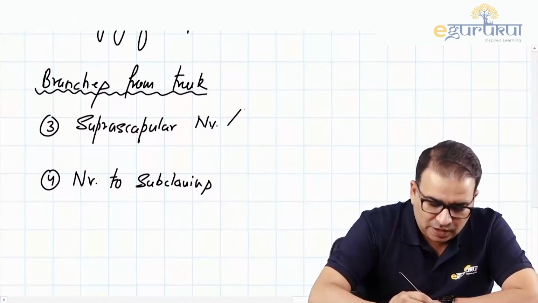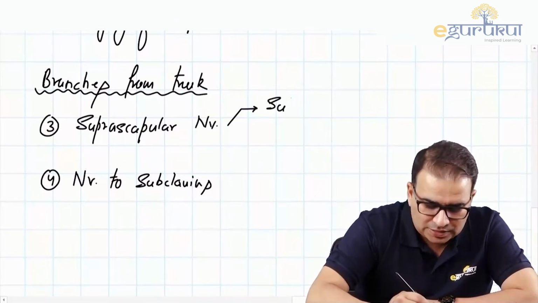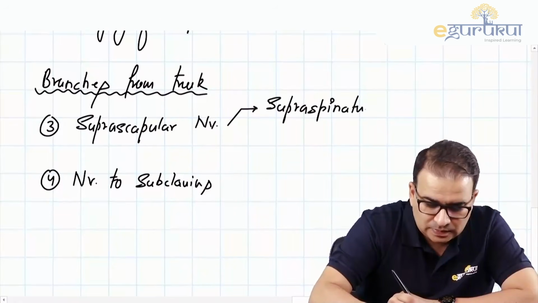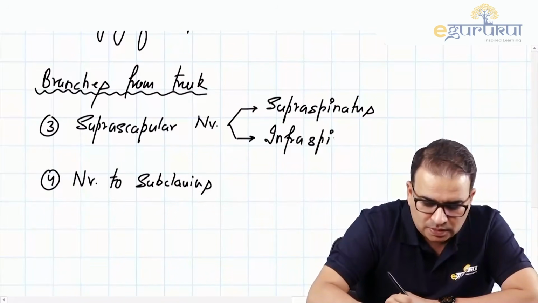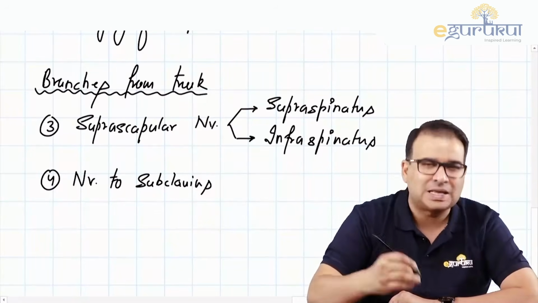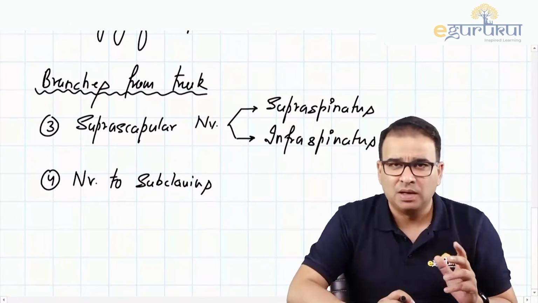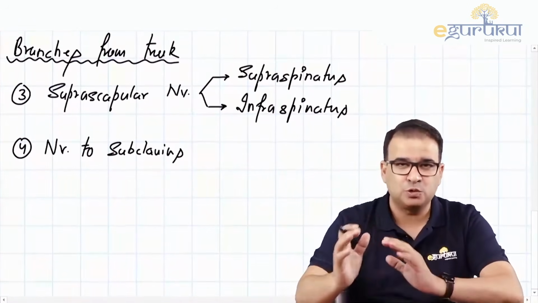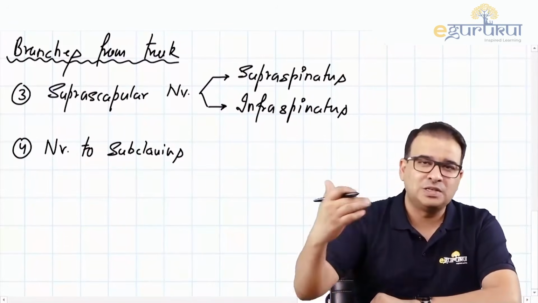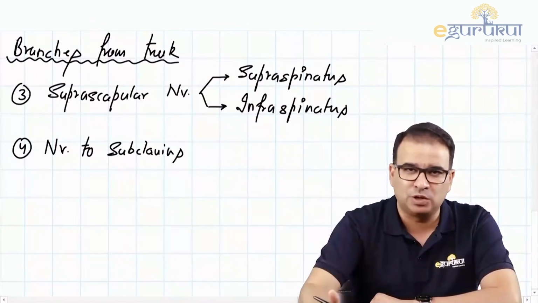Guys, the suprascapular nerve supplies the muscle supraspinatus, of course. But you should remember it also supplies the muscle infraspinatus. Because by looking at the name, suprascapular nerve, supraspinatus is easy to remember, but infraspinatus is also supplied by the same suprascapular nerve. One is present above the spine of the scapula, one is below the spine of the scapula.